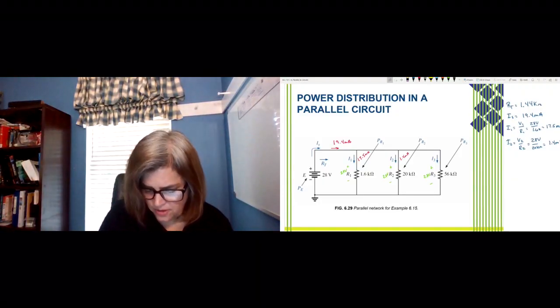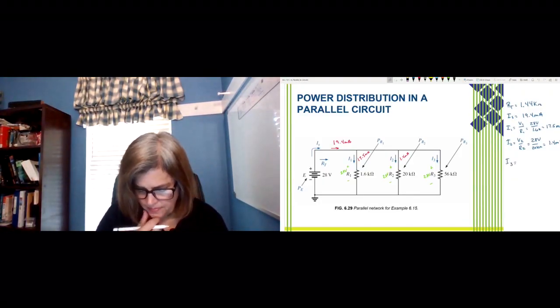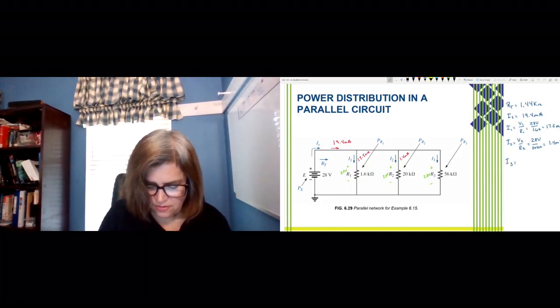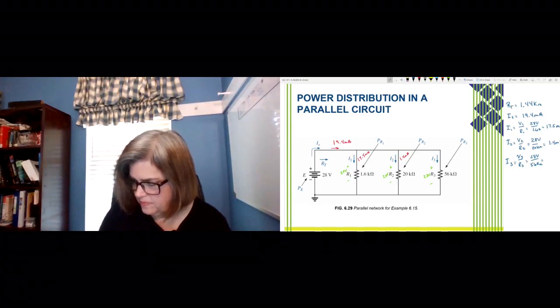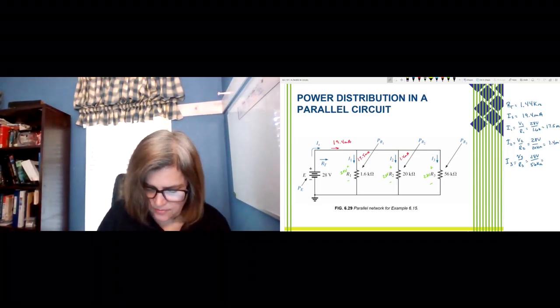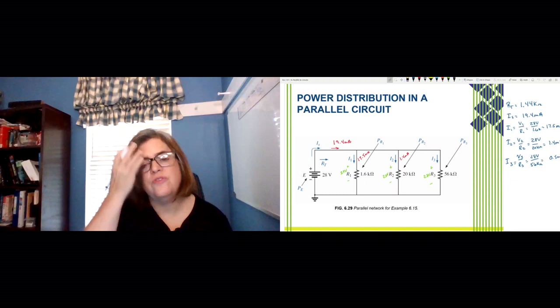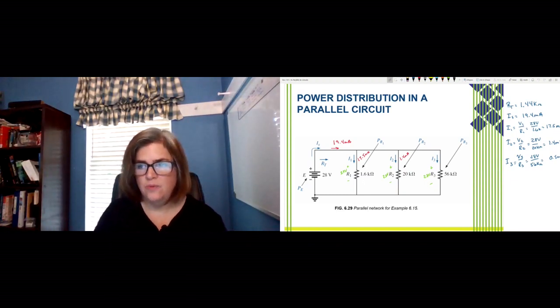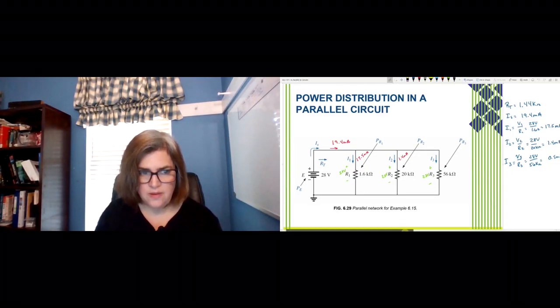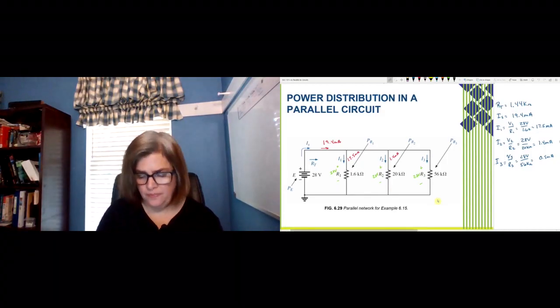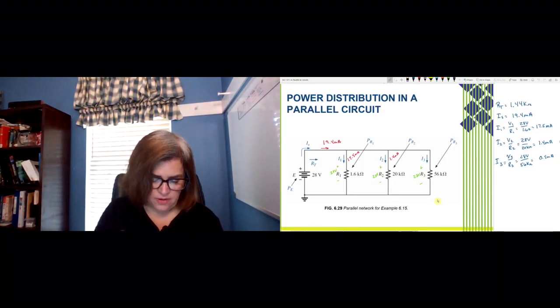And then I3, which would be V3 over R3, or 28 volts divided by 56K, or about half a milliamp, or 500 microamps if you want to use the correct engineering notation here. Let me see if I can move this just a little bit. Okay, so we have half a milliamp there.